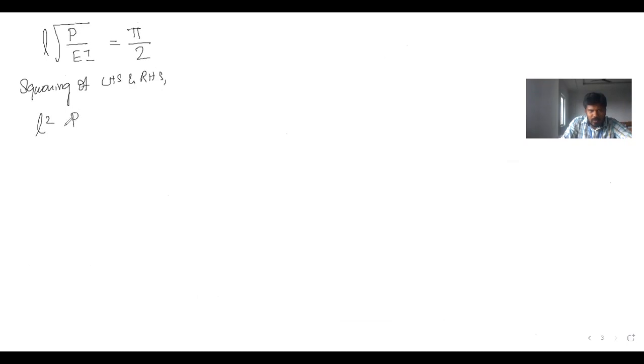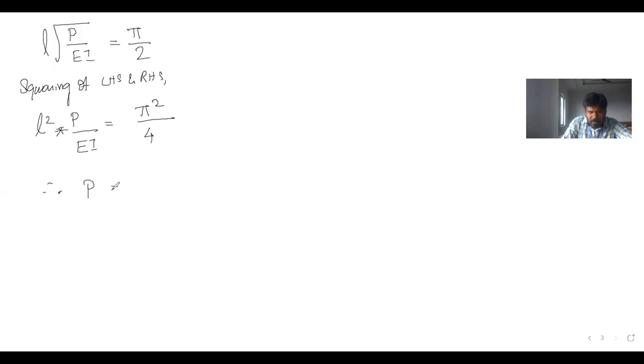So now I am going to write L into root under P by EI is equal to pi by 2. Now I am going to square both the LHS and RHS. So L squared into P by EI is equal to pi squared by 4.